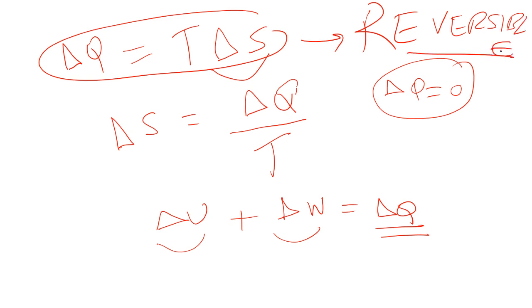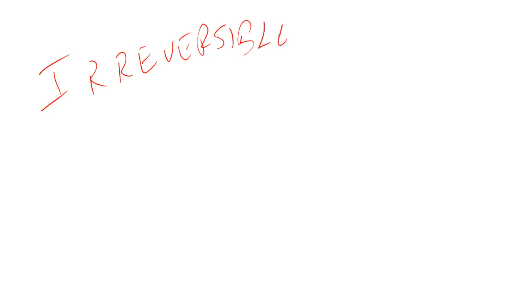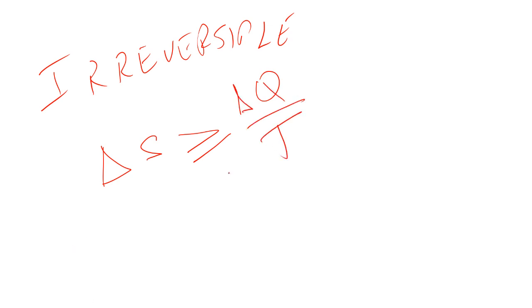The example you gave does not obey this; the example you gave is for an irreversible process. For an irreversible process, delta S will always be greater than or equal to delta Q by T. This equality is only for reversible; if it is irreversible, the change in entropy is greater than this.